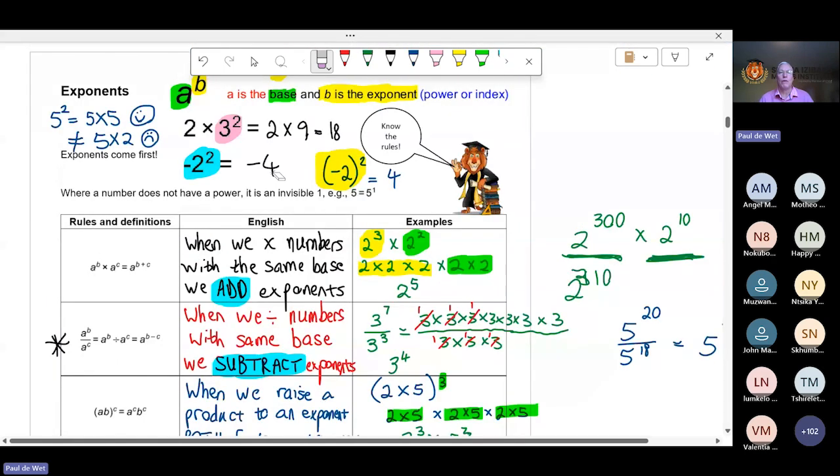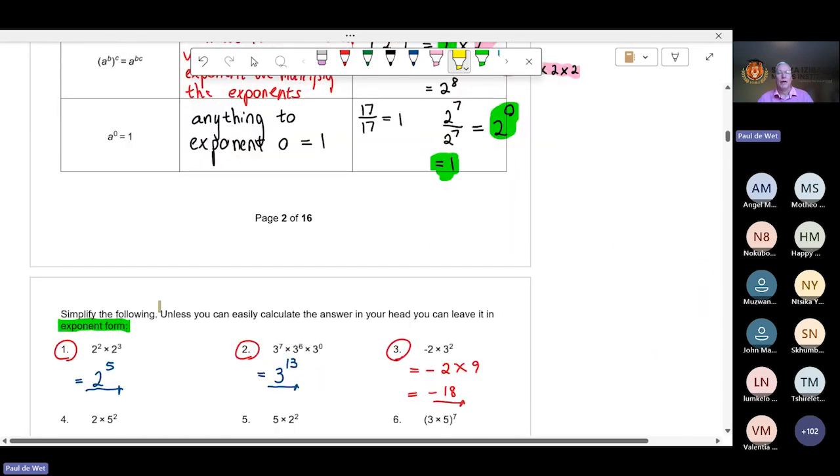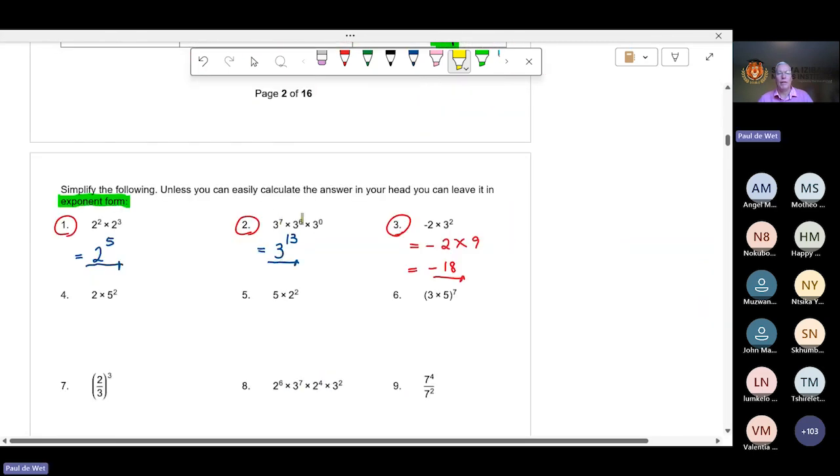Let me remind you of the rule: when we multiply numbers with the same base, we just add the exponents. That one's got a 7, that one's got a 6, and that one's got a 0, so when you add them, you get 3 to the 13. What I did say is that from the last rule, this piece at the end here is just number 1.